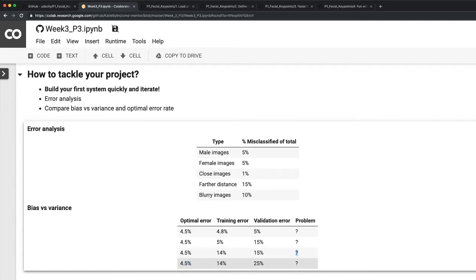So if you don't have an optimal error to compare with, this could seem perfect to you. But because we do have an optimal error, we know that this has a high bias problem, an underfitting problem, and we can strive to reach this.